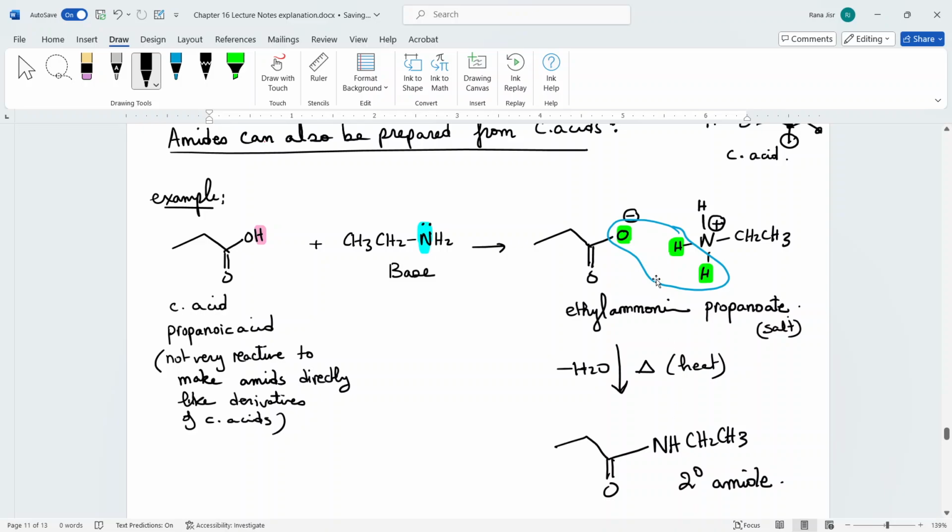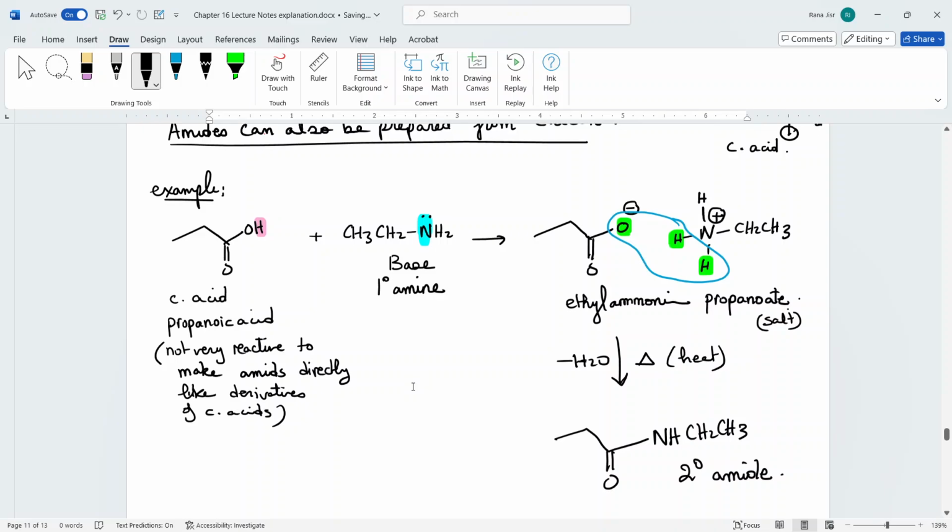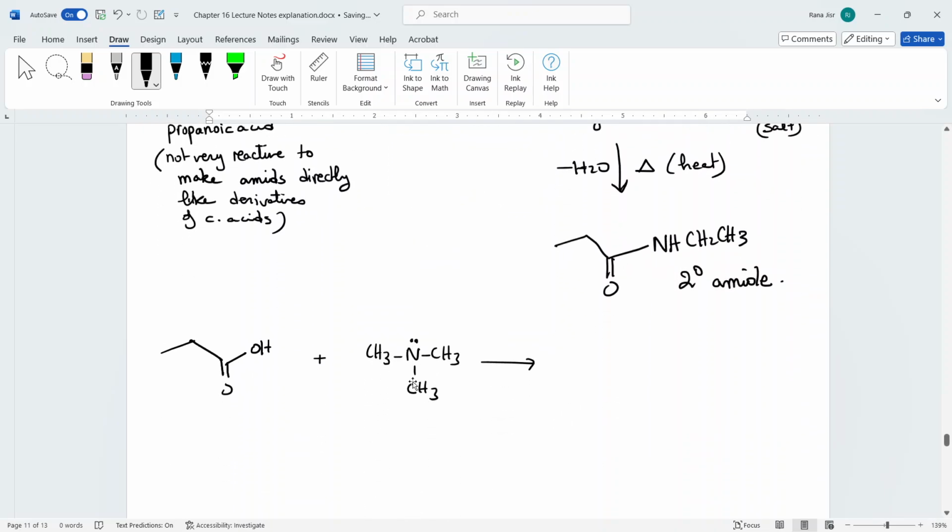But notice, I got my secondary amide because the base that I have over here is a primary amine. And that primary amine, after the reaction, I ended up having enough hydrogen atoms so that I can lose the water molecule in there. So let's say, for example, if I give you a tertiary amine, okay?